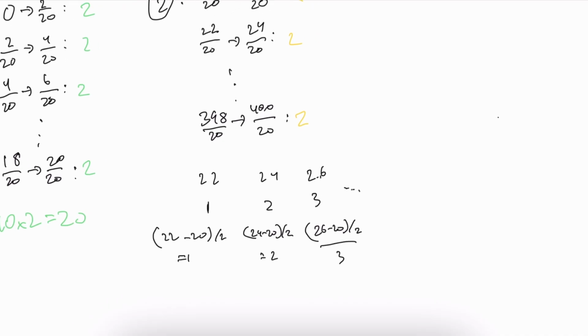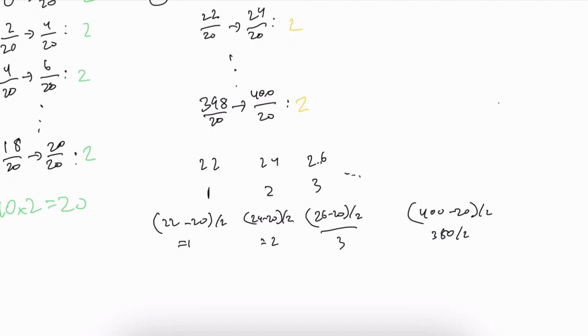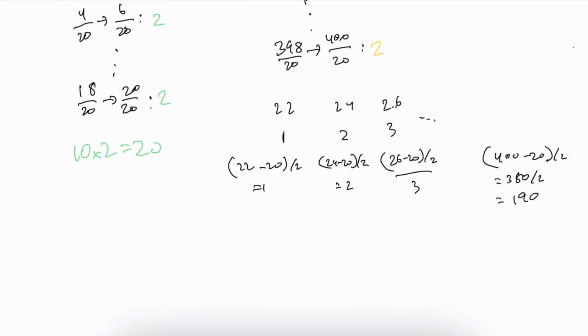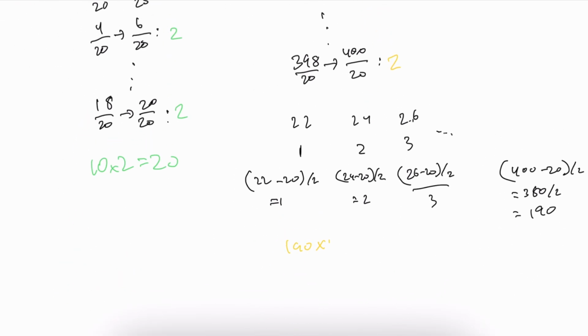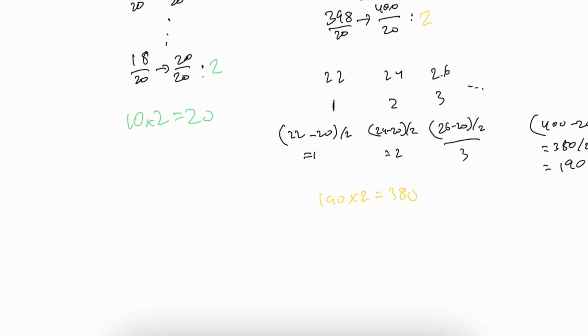So 400 is our last endpoint. 400 minus 20 divided by 2 is 380 divided by 2, or 190. So there are 190 periods, each one again with two intersection points. So that's 380 total intersection points.